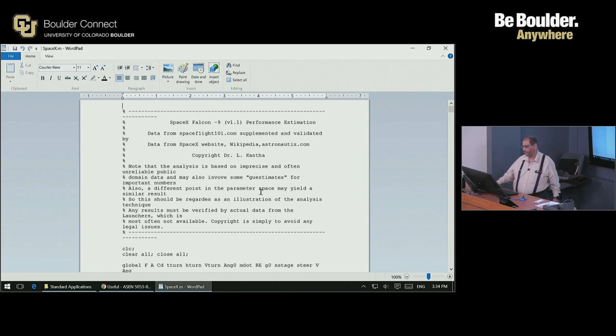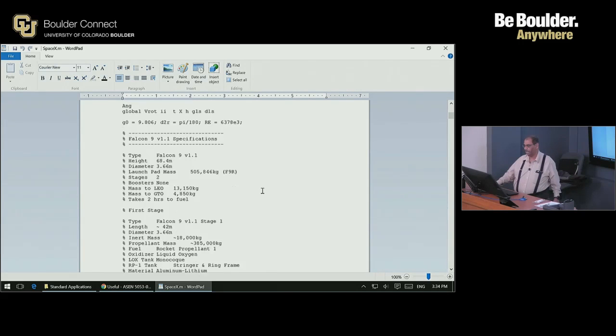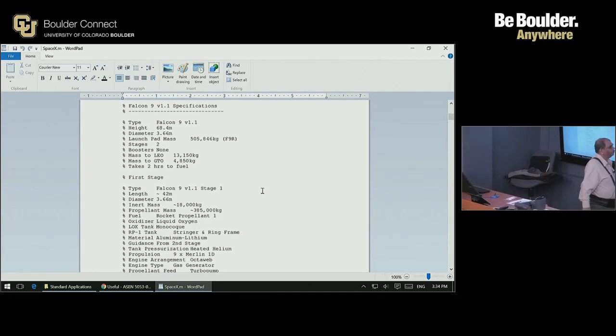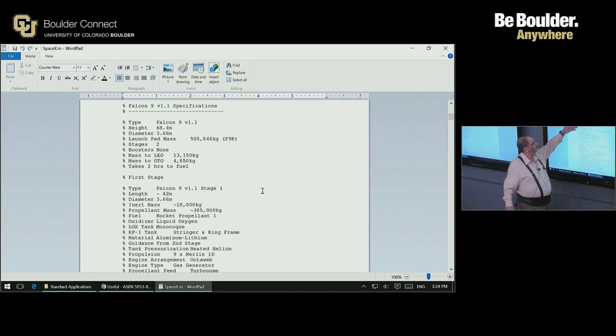The data, for example, I wanted you to collect, some of these. As long as you are collecting the data, you might as well collect the entire data. Height, diameter, what is the launch pad mass? That's very critical. How many stages does it have? Does it have any boosters?